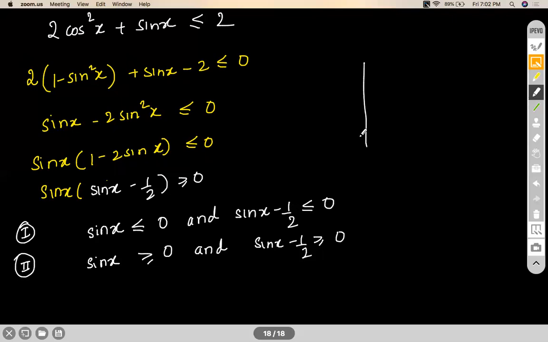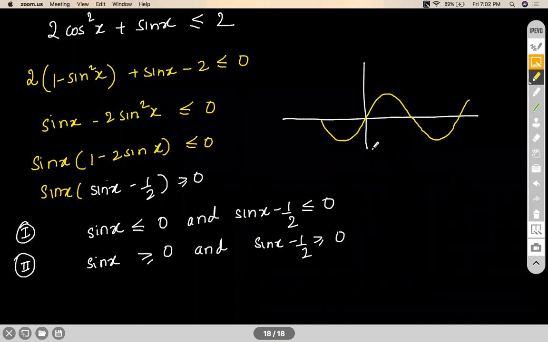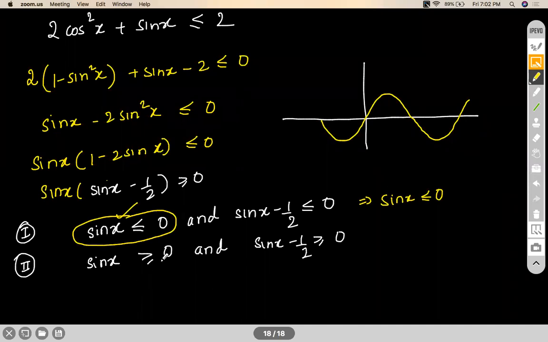If you draw the graph, sin x is like this. Sin x less than equal to 0 means it is below the x-axis, and sin x is below the line y equal to half. The overlap of these two is as good as saying sin x is less than 0. Out of these two, the second is as good as saying sin x is greater than half.